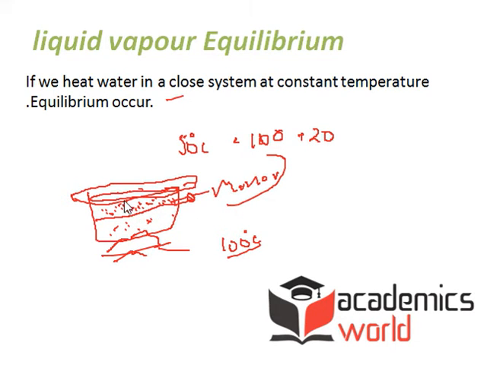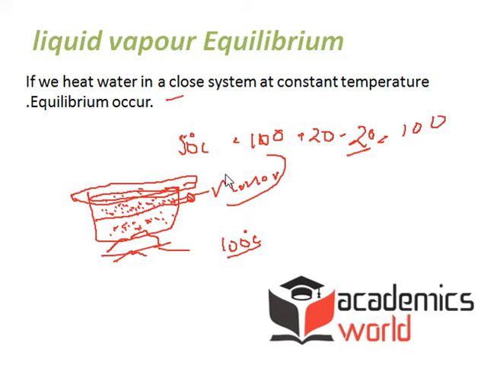But when these molecules get attached to this plate, the water is also condensing and falling again in the water form. So minus 20, because the rate of water converting to vapor is equal to the rate of water falling, so the amount remains constant.